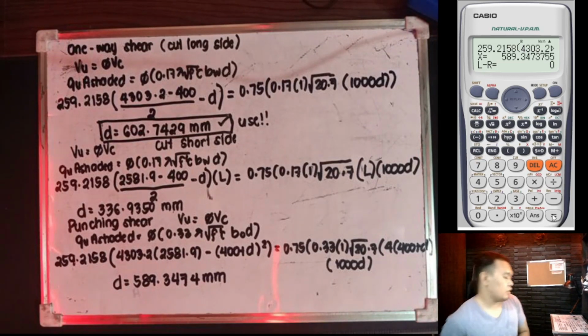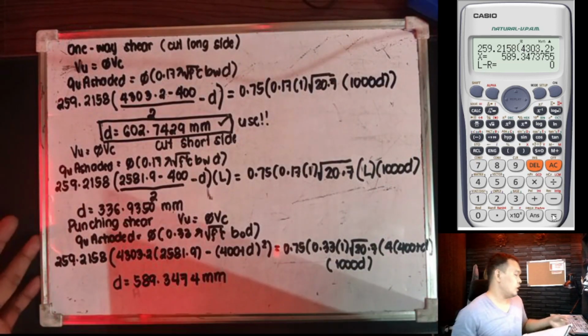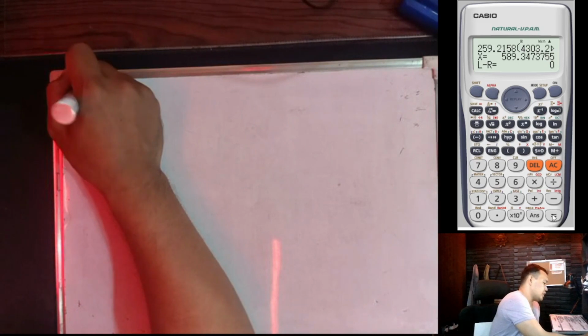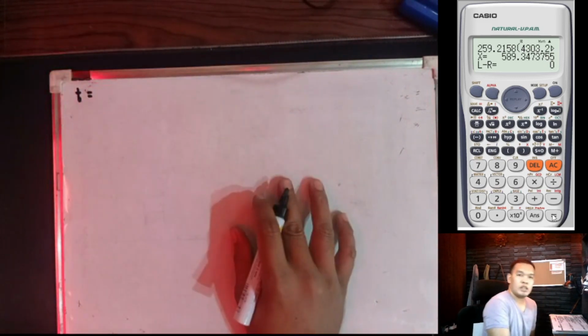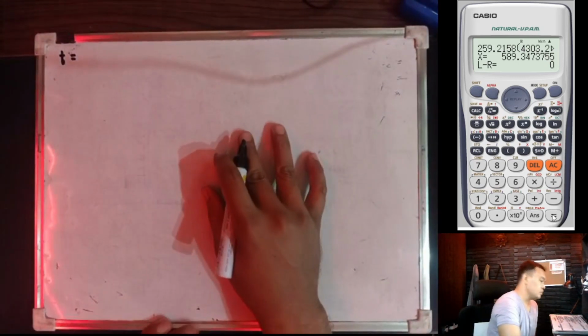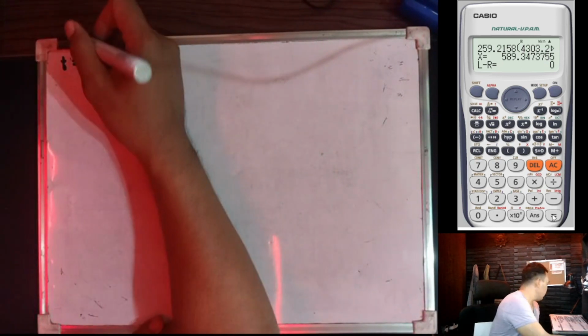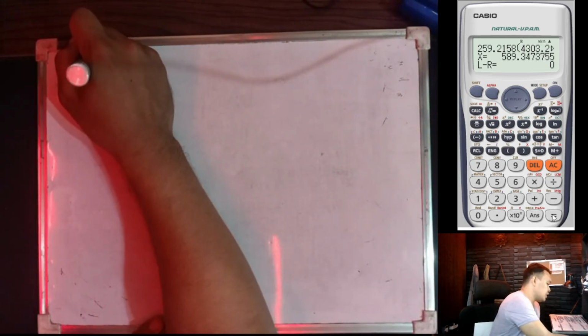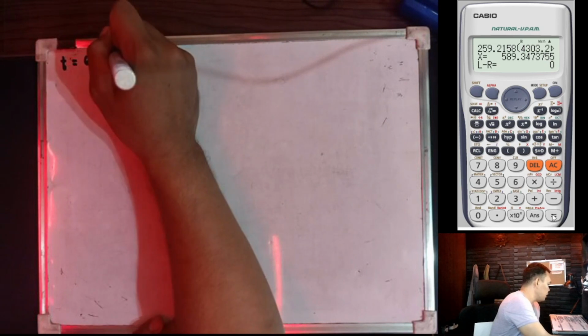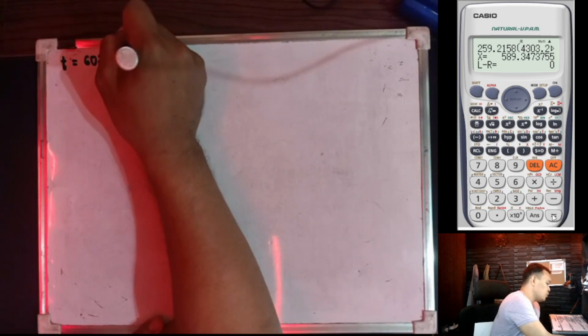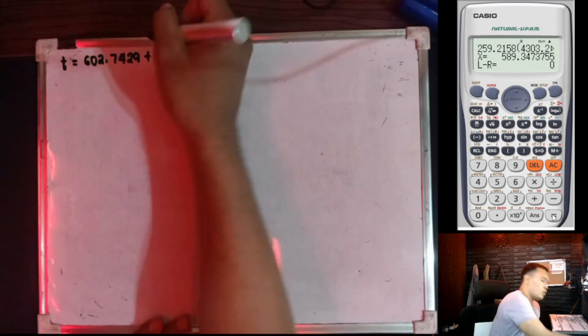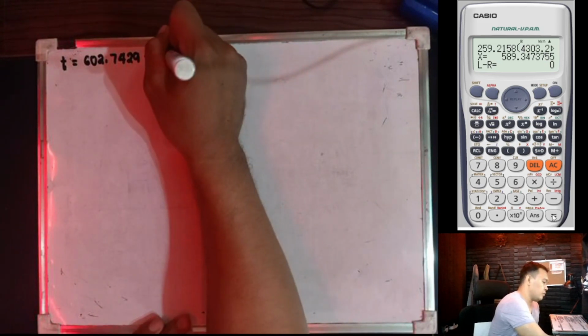So after natin makuha yung D, kukunin natin yung actual thickness T. Tama? Okay, so we have here thickness of footing is equivalent to D, which is equivalent to 602.7429 plus concrete cover, which is 75 mm.